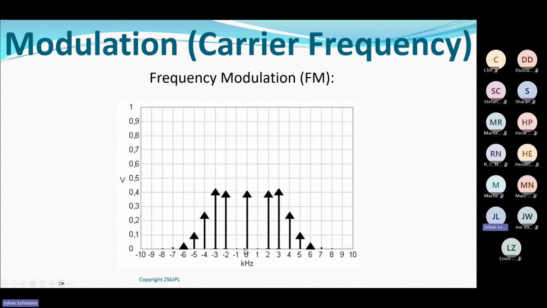At 100.1 there's nothing, but at 100.2 there's something, 100.3, 100.4, 100.5, and then it goes down. There's energy in each and every one of these frequency components. They all contribute to transferring the information from one radio to the other radio. I don't waste any energy. It's all used up in the frequency components.